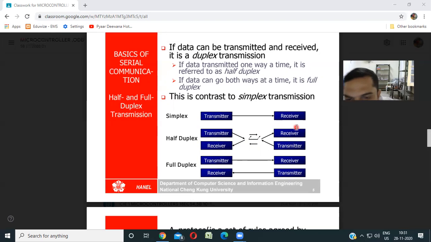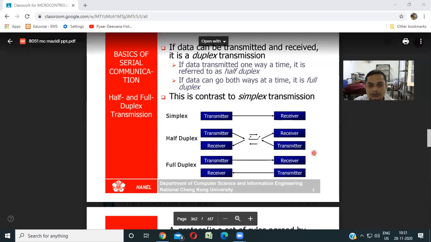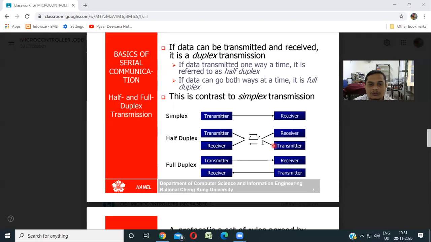So in half duplex, there is two-way communication, but the communication is not simultaneous. When the transmitter is sending the data to the receiver, the other side has to wait. Then after the data is received, the receiver sends the data, and at that time the first transmitter has to wait.